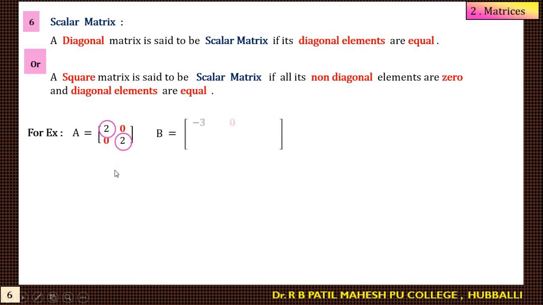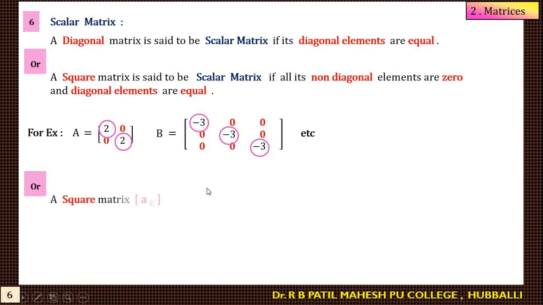Another example, B is equal to a matrix of order 3 cross 3, and the elements are minus 3, 0, 0, 0, minus 3, 0, 0, 0, minus 3. In this example, the diagonal elements are minus 3. All numbers are the same, and non-diagonal elements are 0. So therefore this is of the type scalar matrix.